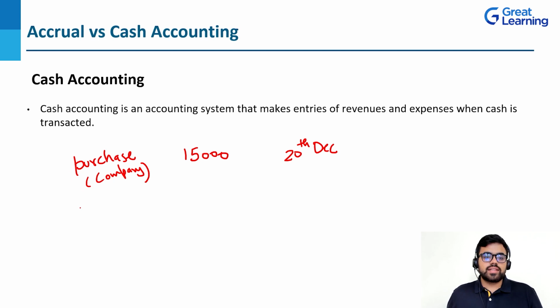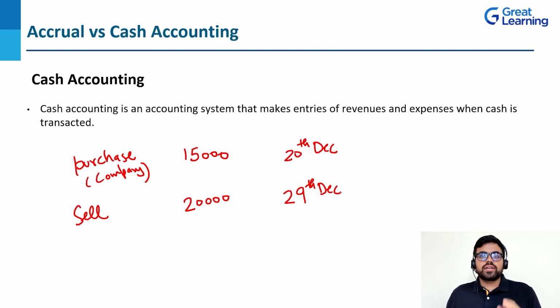Then you would sell that particular phone for 20,000 rupees on, let's say, 29th of December. And the cash for that particular phone you will receive, let's say, 2-3 days later on 1st Jan. 1st Jan is when you receive the cash.